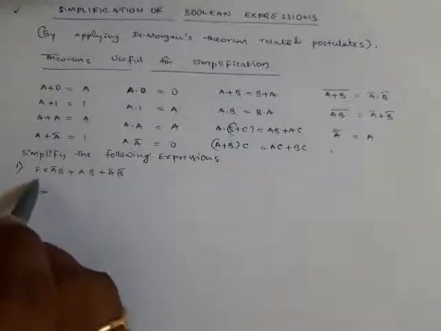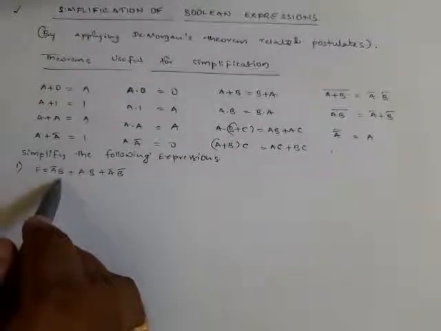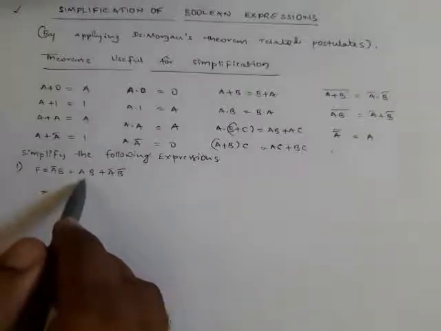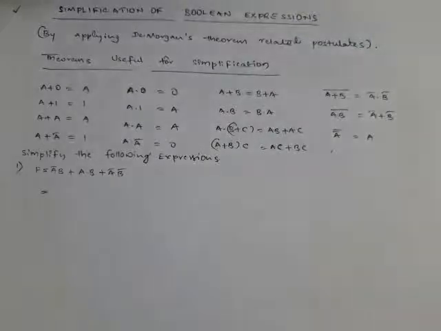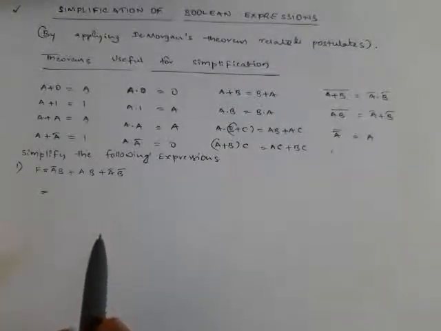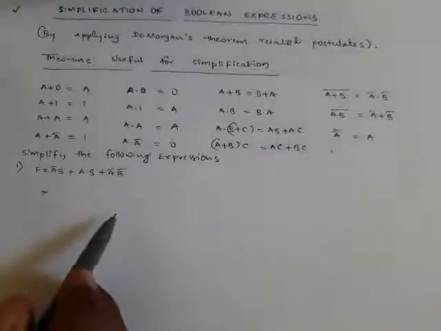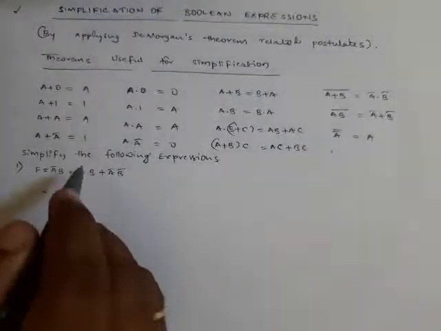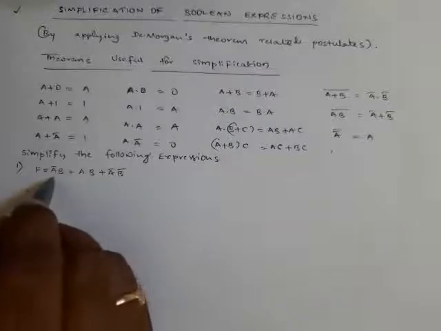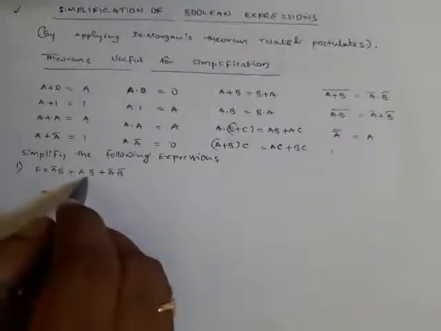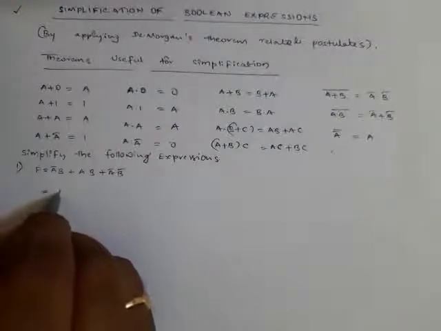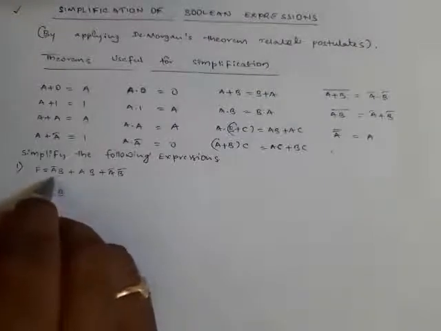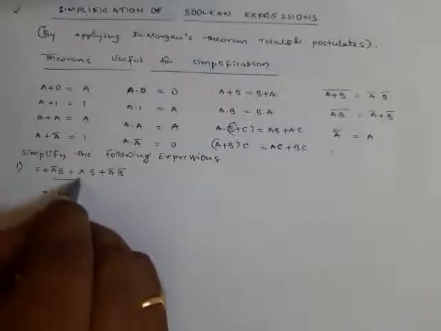The first expression is f equal to a bar b plus ab plus a bar b bar. Here you can see that the first two terms are a bar b and ab, and the b can be taken outside from these two terms.